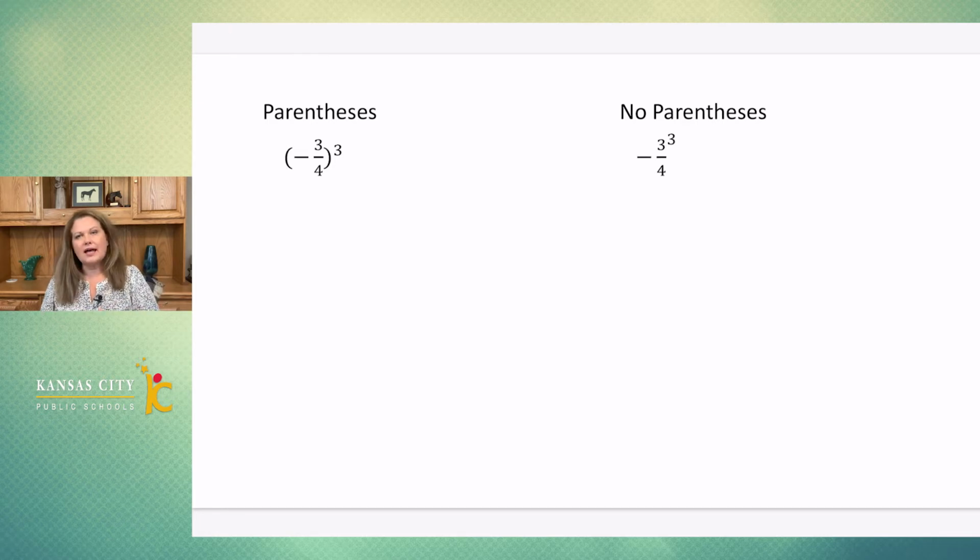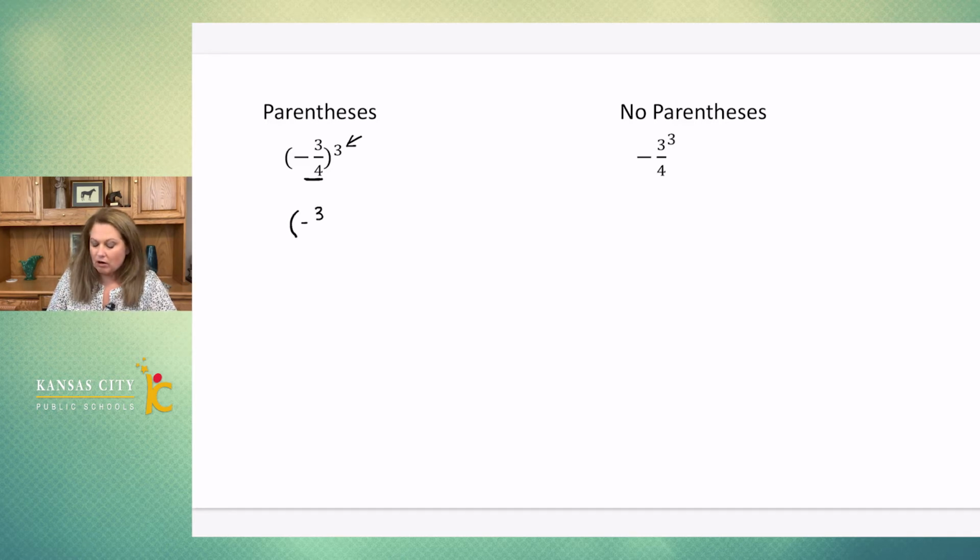So let's look at that same concept, but this time with fractions. And fractions have a tendency to get a little bit messy or complicated. And when you're in 8th grade and when you're in 9th grade in Algebra 1, this is going to play a really big factor in your power work. So again, in (-3/4) to the power of 3, your base is that -3/4.